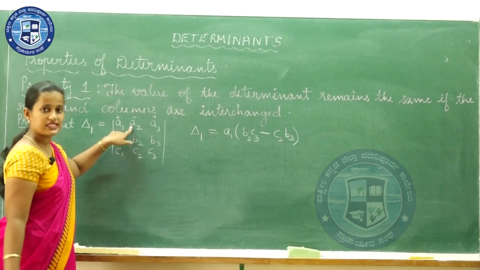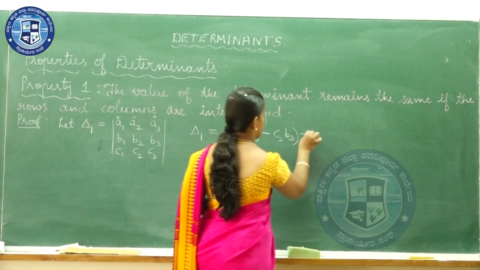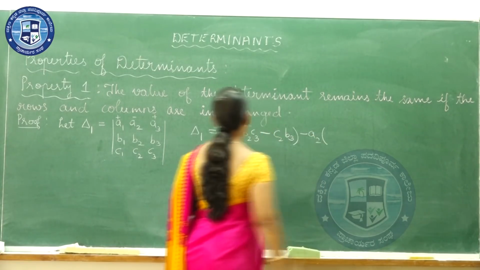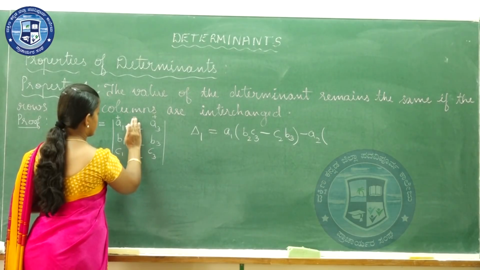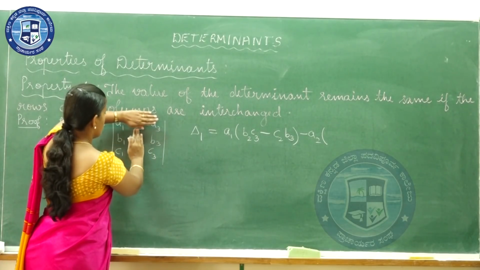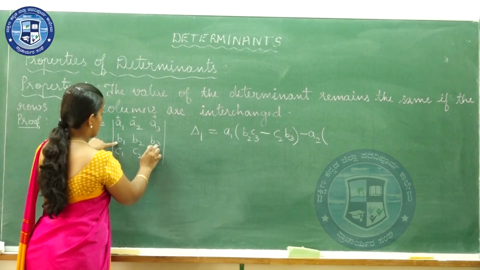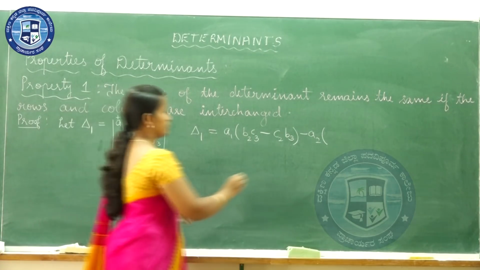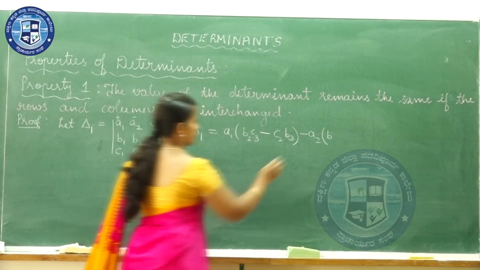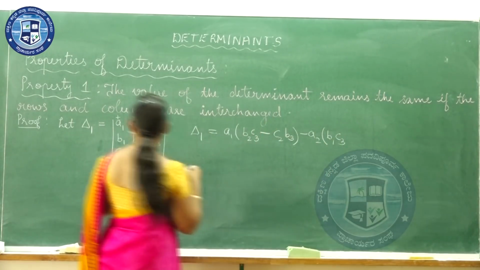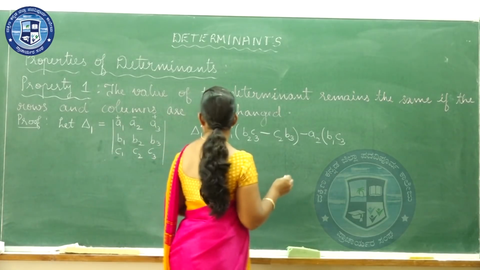Next we need to write minus A2 into, delete the row and column in which A2 is present. So delete this and delete the first row. So what will remain? B1, B3, C1, C3. So it is B1, C3 minus C1, B3.